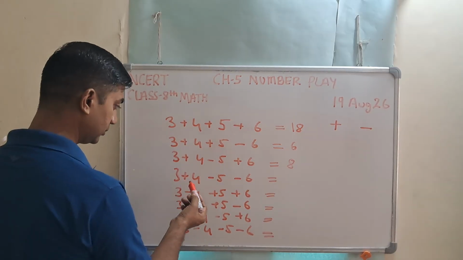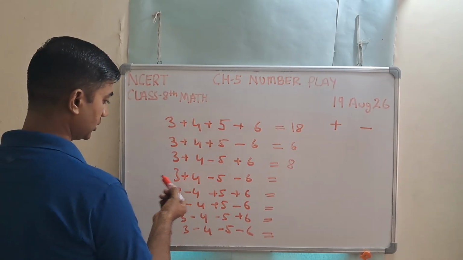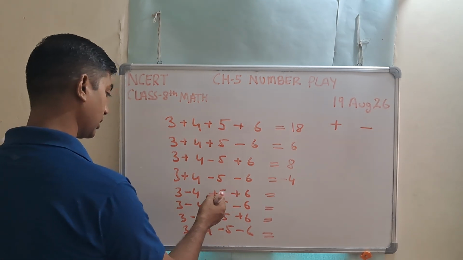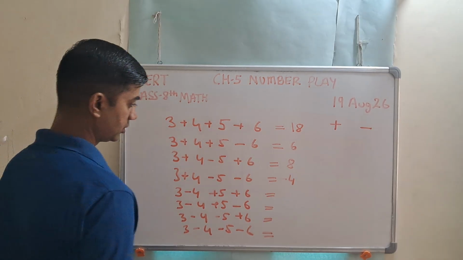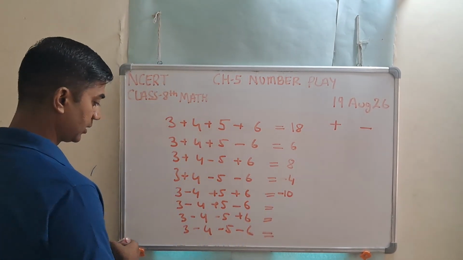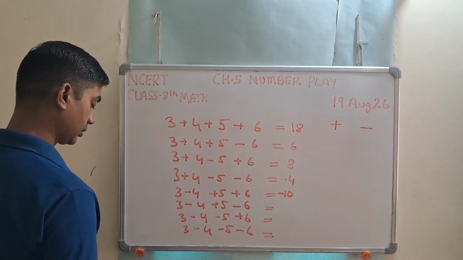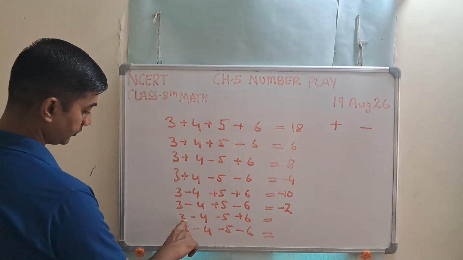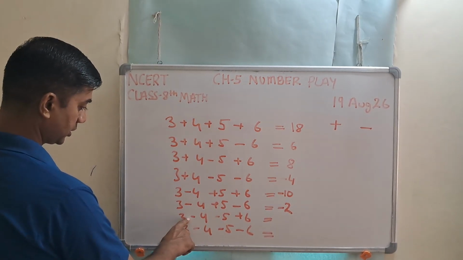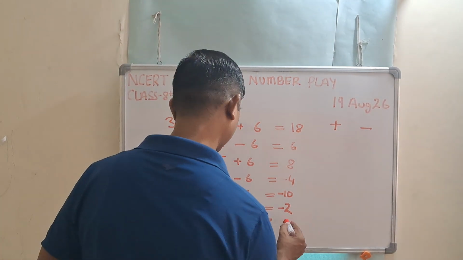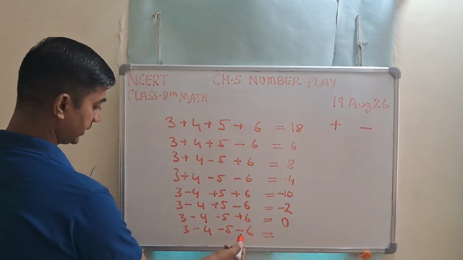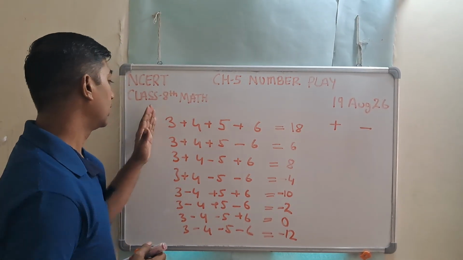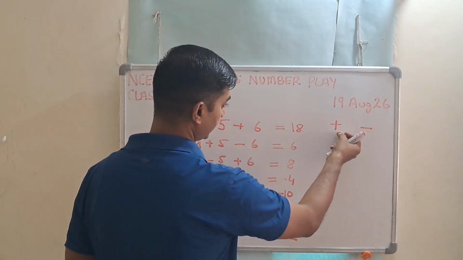This is the result of this case, and this is the result of this case, and what is in this case? -10, and in this case -2, 0, and what is in this case? -12.